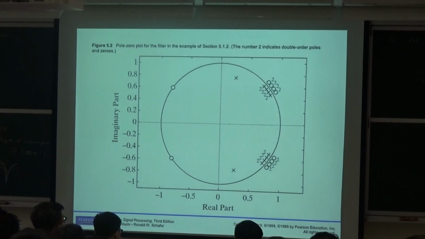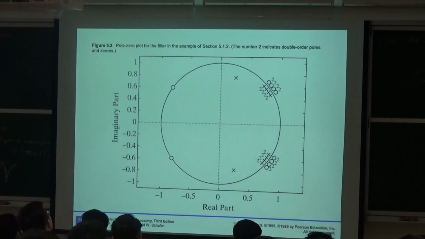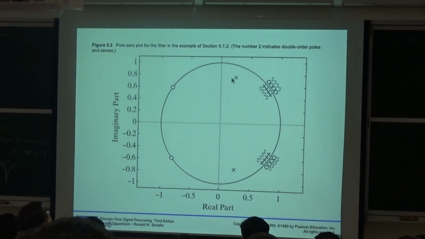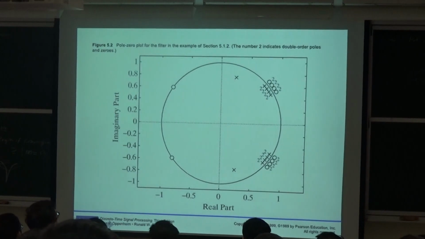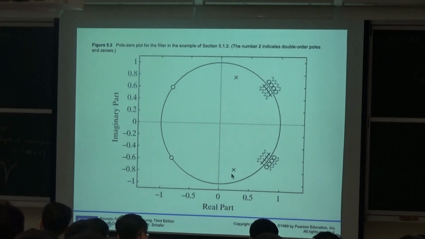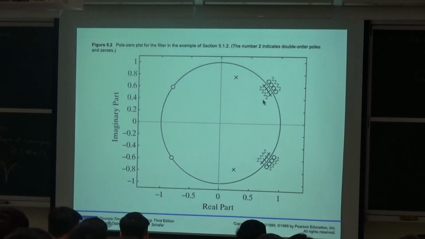So here you're seeing an example. We're seeing a pole right here. That's one pole. And wherever we put a pole somewhere not on the real line, we put a conjugate so that we keep all the coefficients real. Okay, and same thing here. In this exact example, there is a number 2.